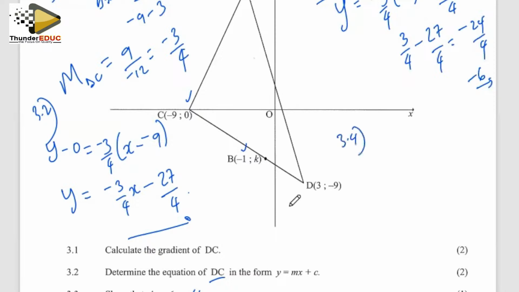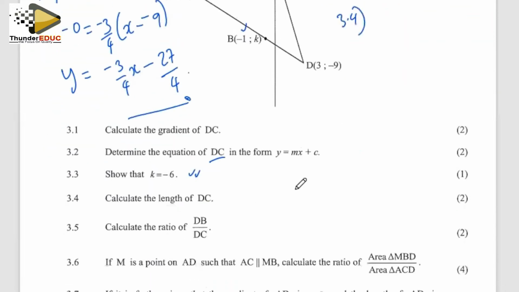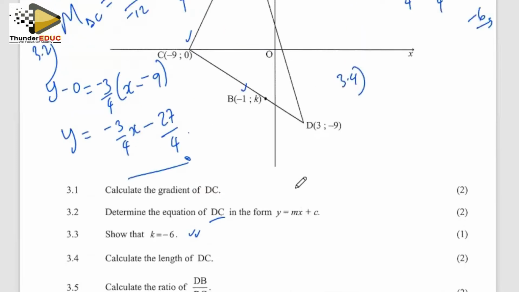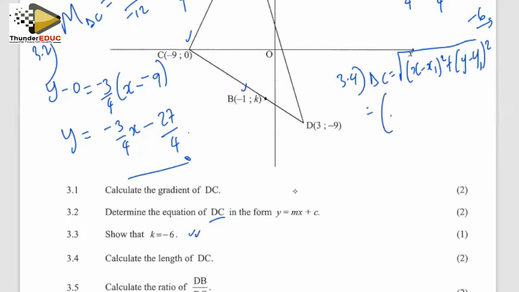All right, then 3.4. Can we calculate the length DC? So with DC, we have to use the distance formula. Okay, so that will be x minus x1 squared, then y minus y1 squared. If you do your substitutions, that's gonna be -9 minus 3 squared plus 0 minus 9 squared.